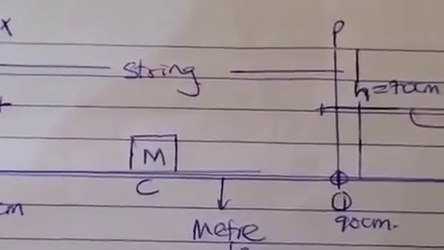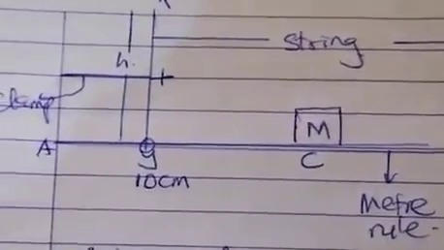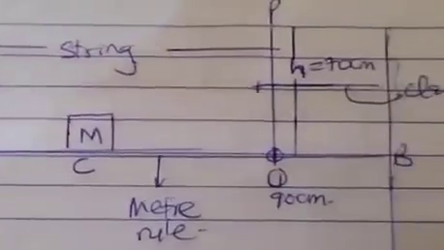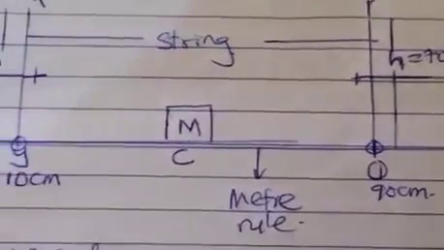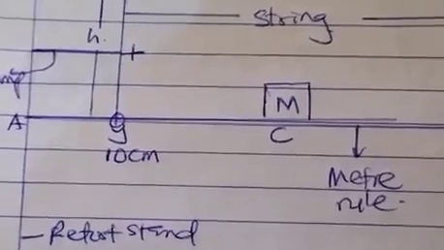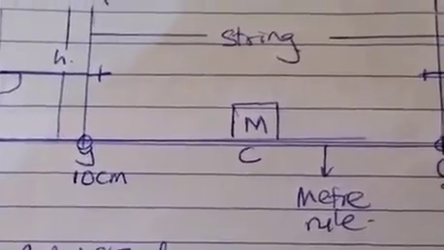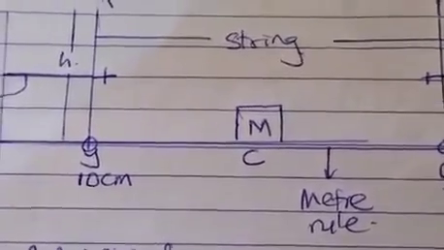The height of the strings is 70 cm each. They are vertical strings. The meter rule is AB. The center of gravity of the meter rule is the point C, which you're going to determine using a knife edge. And a mass is going to be placed at the center of gravity.